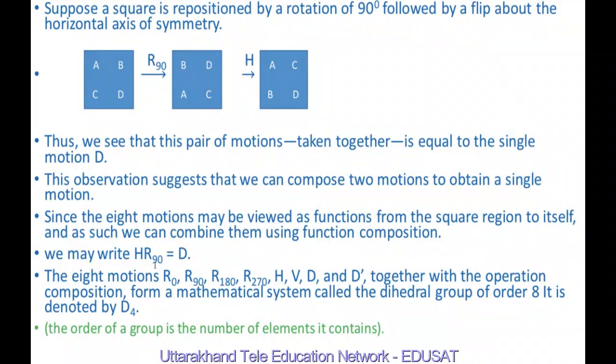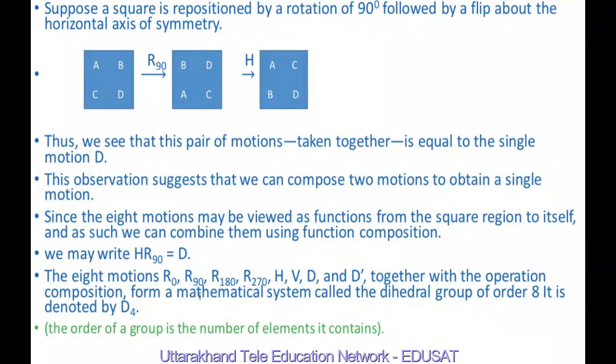These 8 motions, which we denote by R0, R90, R180, R270, H, V, D and D dash, together with the operation of composition form a mathematical system called a dihedral group of order 8, denoted by D4.